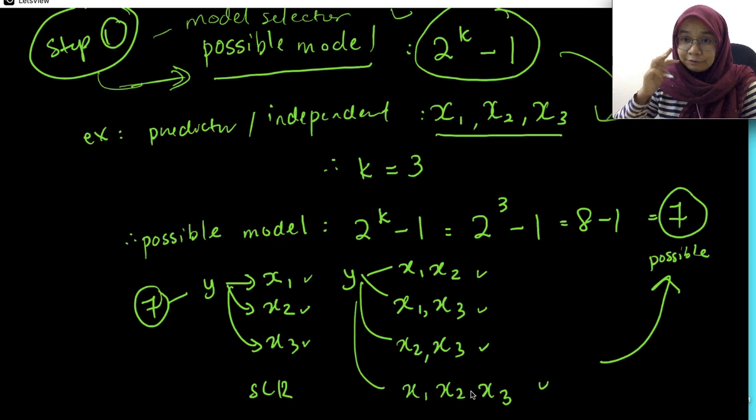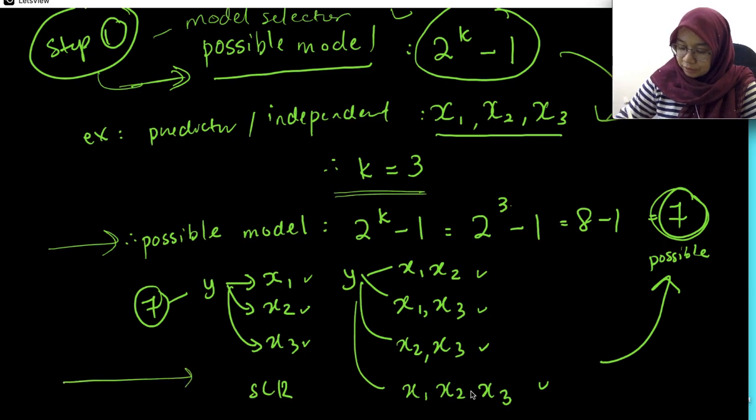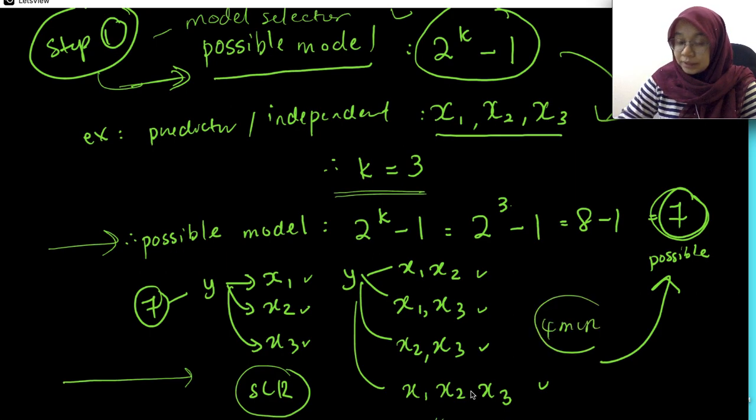In this case, I have 3 independent variables, so k is equal to 3, and the possible models will be 2 to the power of 3 minus 1, which gives 7. So I have 3 simple linear models and 4 multiple linear regression models. Between the 7 possible models, I will choose the best model.